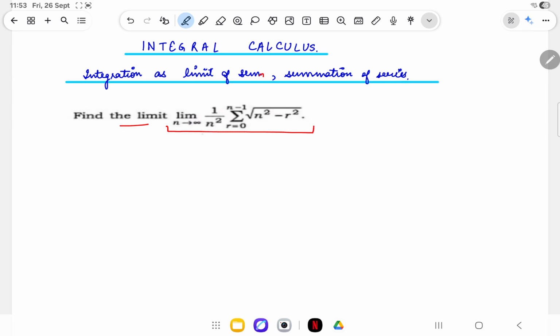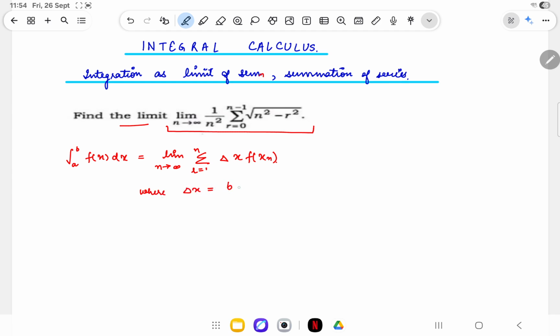So first let us see what is basically Riemann sum or integration of limit of sum. In integration of limit of sum, integral from a to b of f(x) dx is basically defined as limit n tends to infinity, summation r equals 1 to n, del x into f of x_r, where del x is basically the length of interval.